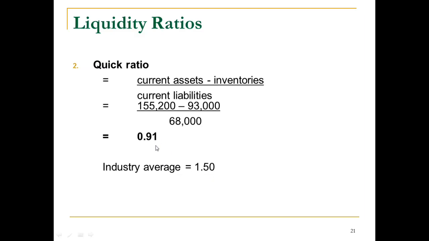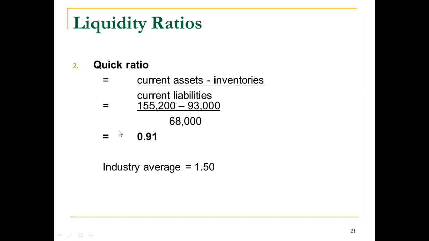So this is showing us that the company is having some problem with its liquidity ratio. If all the current liabilities are due, then probably the company cannot meet its short-term obligation.